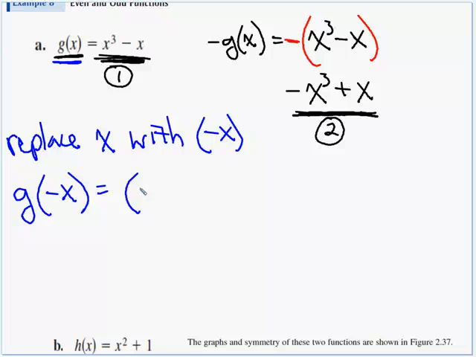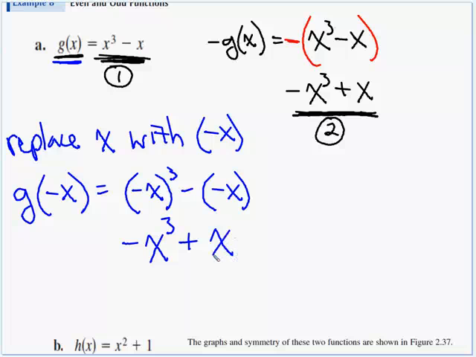So that x cubed is going to become negative x, quantity cubed, minus a negative x. So let's algebraically simplify that down with our order of operations. Negative x quantity cubed is negative x cubed, minus a negative will turn into an opposite, add the opposite, plus x.